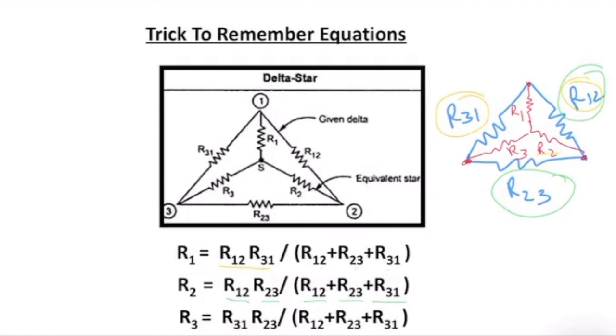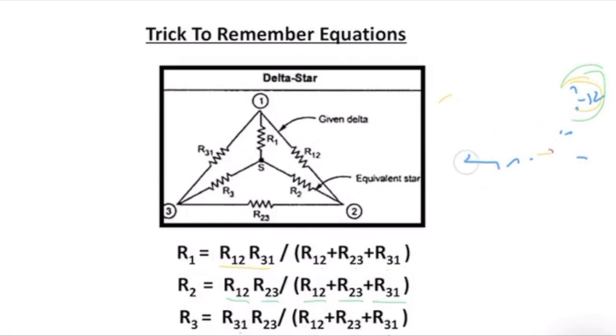Similarly for R3, you will again consider the adjacent elements of R3, that is R23 and R31. So R3 is equal to R31 times R23 divided by R12 plus R23 plus R31. This is a very simple method to remember the final expressions of the conversion.